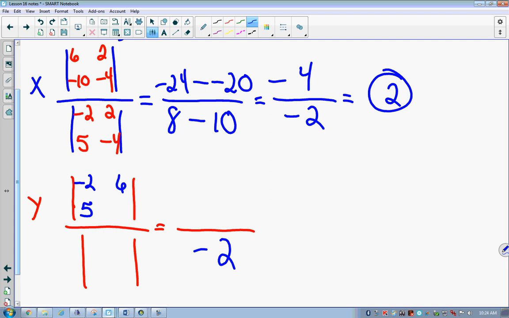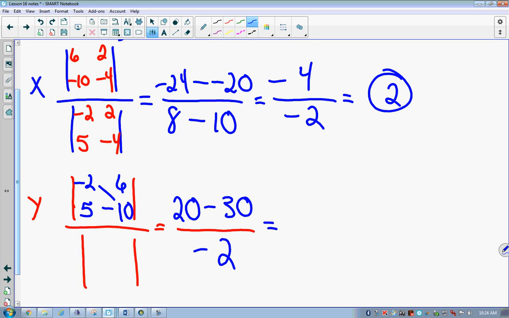6 and negative 10. All right, negative 2 times negative 10. Jewel? Negative 2 times negative 10. 20, good. 20 minus what? 5 times 6? 30. Okay, good.